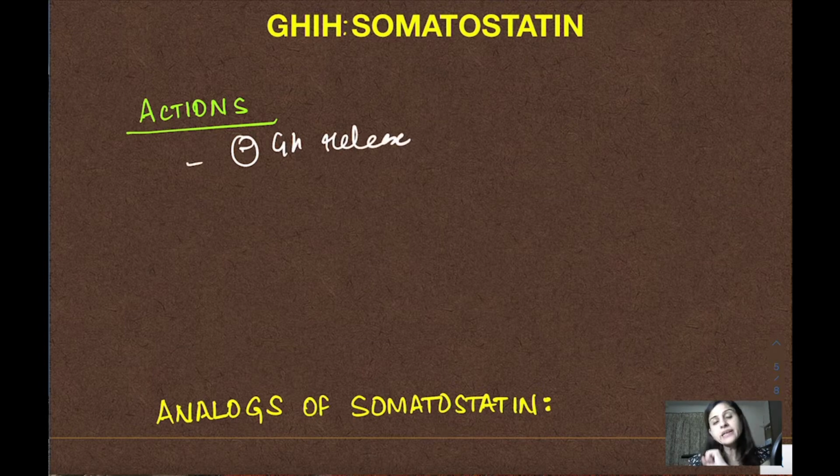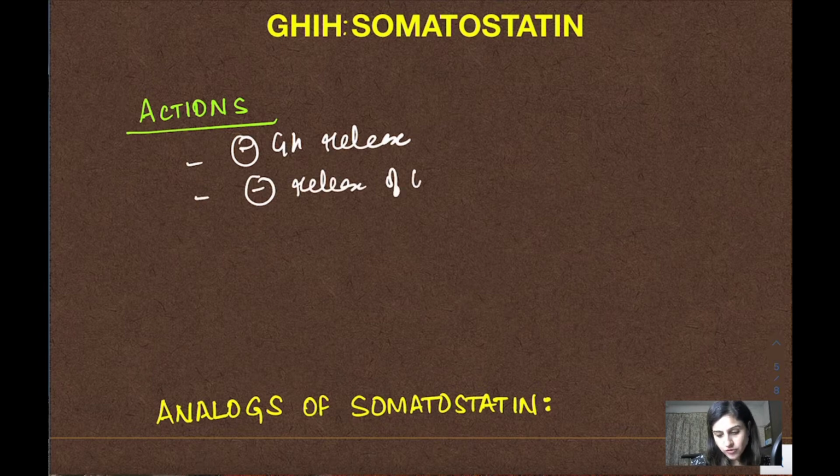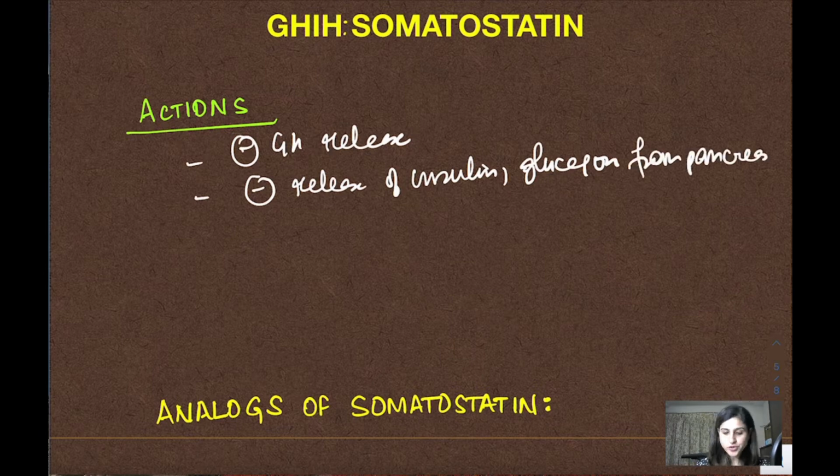And not only does it inhibit the release of growth hormone, it also inhibits the release of insulin and even the glucagon from the pancreas. So you remember somatostatin does that also.